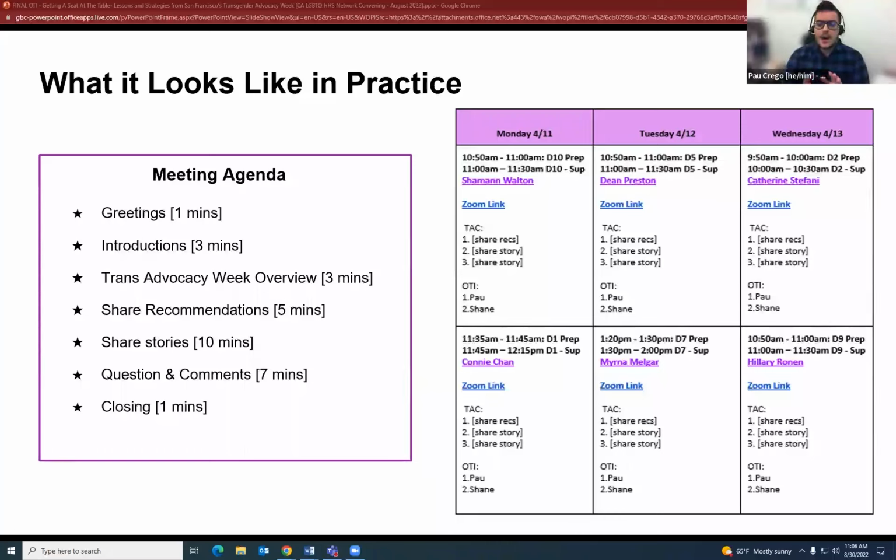And then what I'll share also about this slide is you'll notice that most of the time that we spend with the elected officials is usually about sharing stories. And this is a really core piece of the meeting because in addition to providing data, we really want to remind elected officials of the lived experiences of people in our community, right?